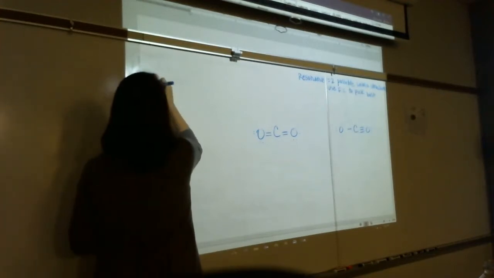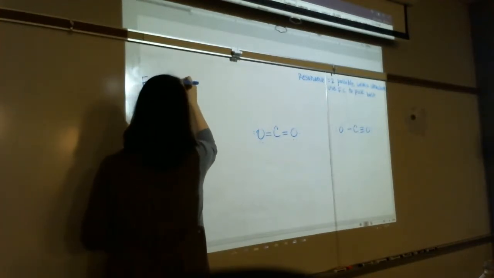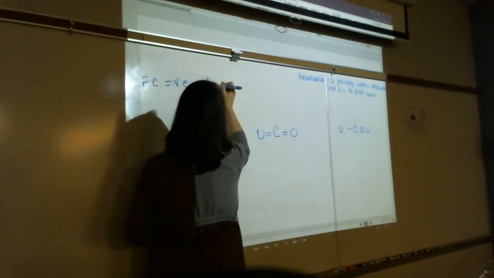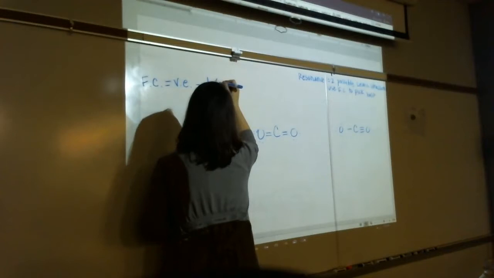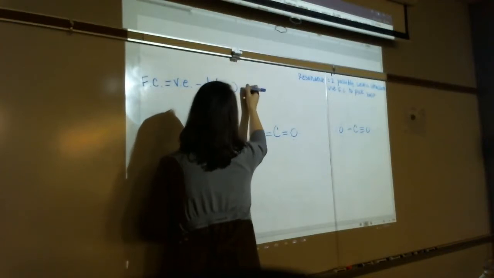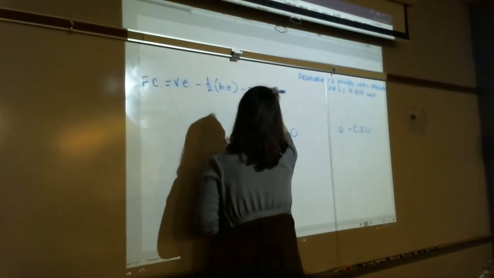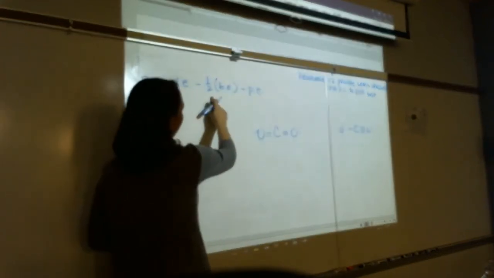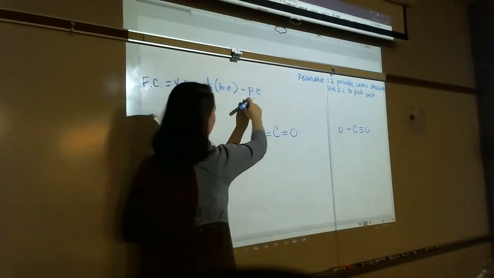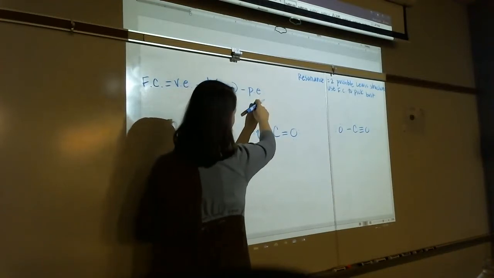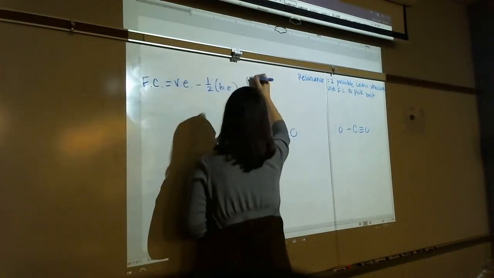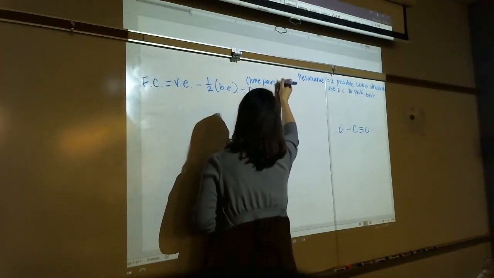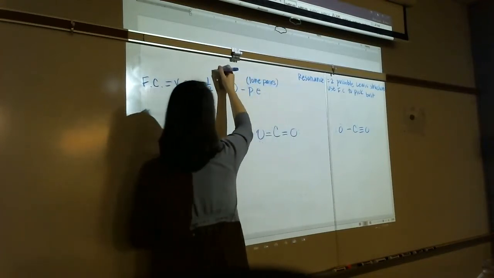So formal charge is equal to valence electrons minus 1/2 of the bonding electrons minus the paired electrons. So valence minus 1/2 of bonding minus paired. In other words, these are your lone pairs, and these are your electrons in bonds.